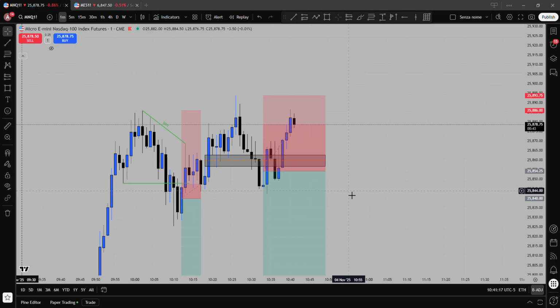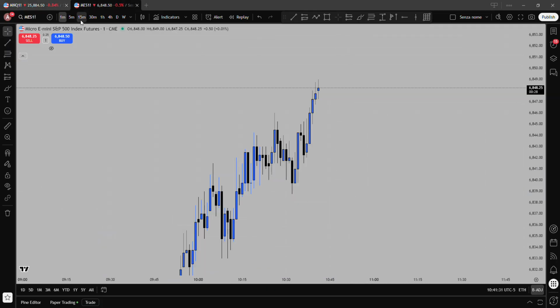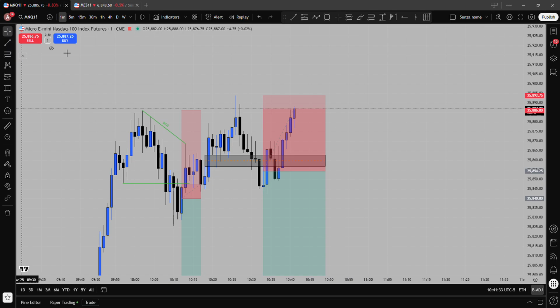We're basically on a winning streak of 6, I think. If we can hold, we have an SMT divergence, but I don't think the price will care about that.